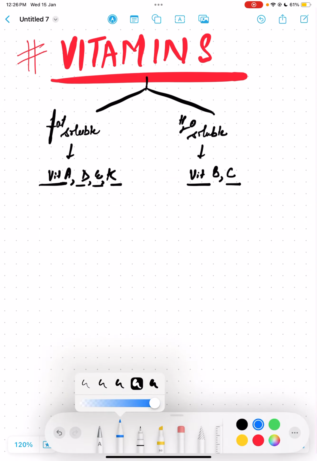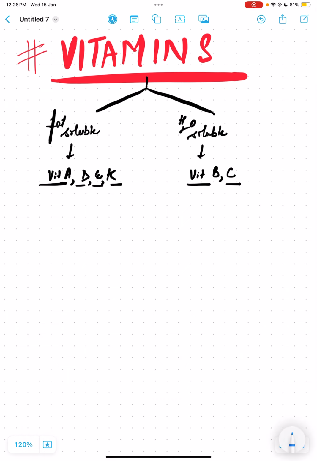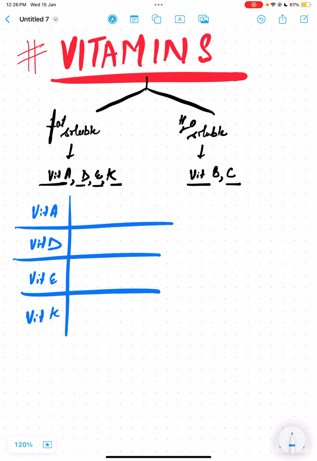Before beginning with fat soluble vitamins, you should know about the dietary requirement that you should give. I am writing down here: vitamin A, vitamin D, vitamin E, and vitamin K. How much of each of these vitamins do we need in our body?